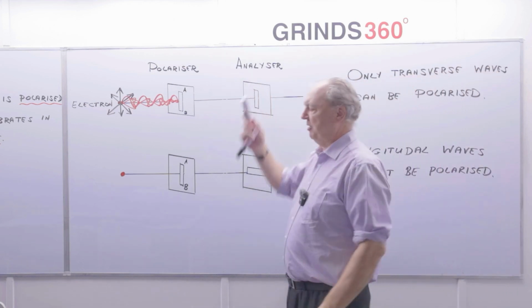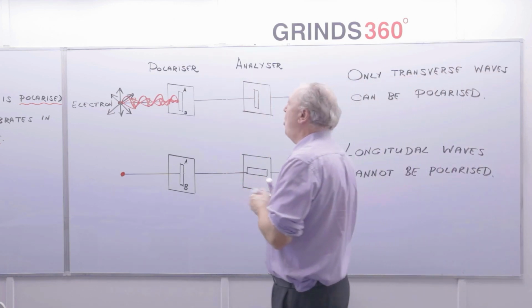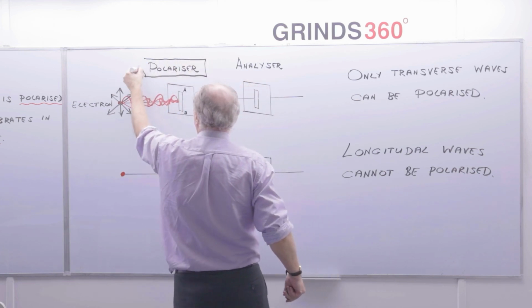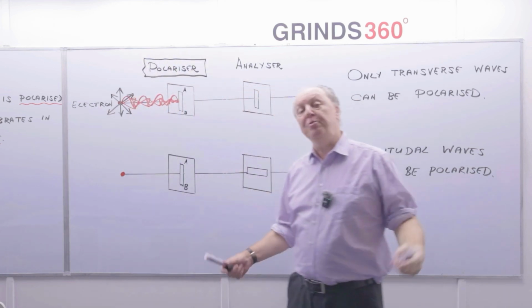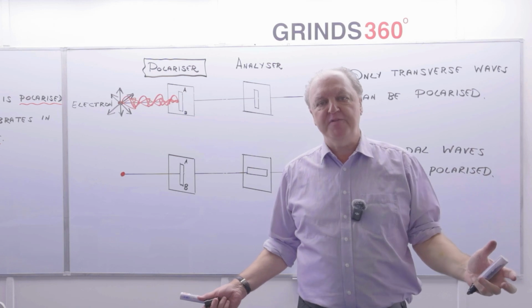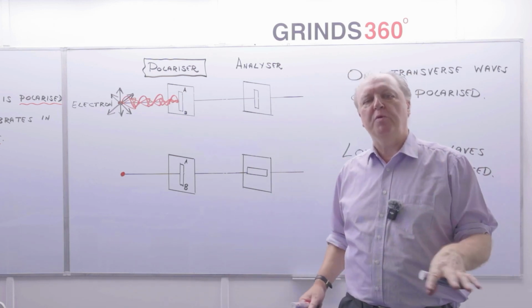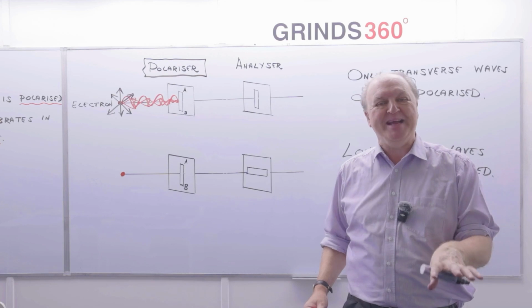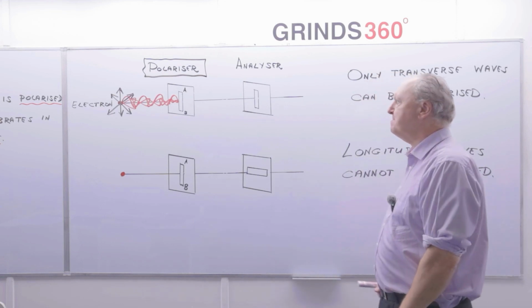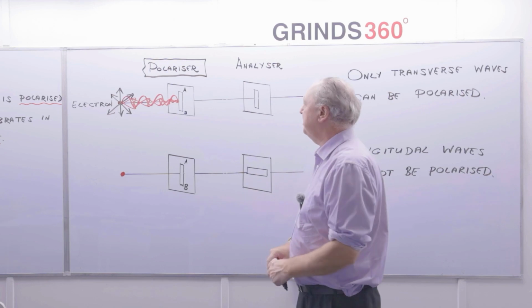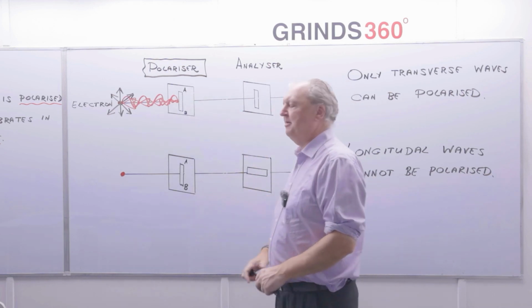So here's my obstacle. I'm calling the obstacle a polarizer, because what the polarizer is going to do is turn my unpolarized wave, which is vibrating in all planes, into a polarized wave where it just vibrates in a single plane. I have this gap here. You see that gap AB?